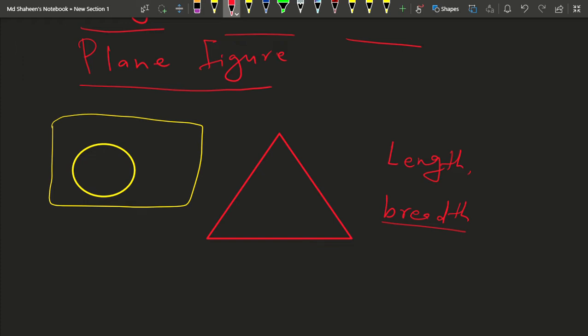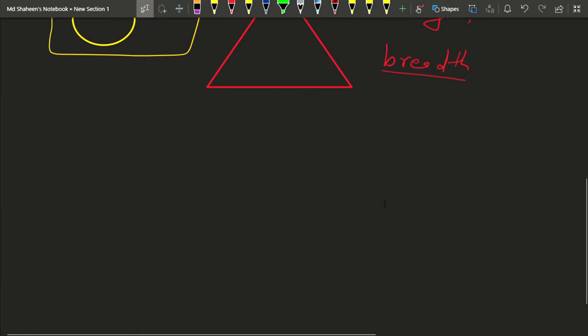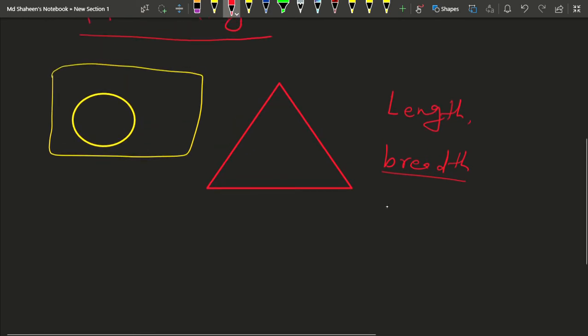Now, a plane figure can be closed, meaning there is no starting point or ending point. See this triangle. There is no starting point and ending point. It is continuous. So this is a closed plane figure.